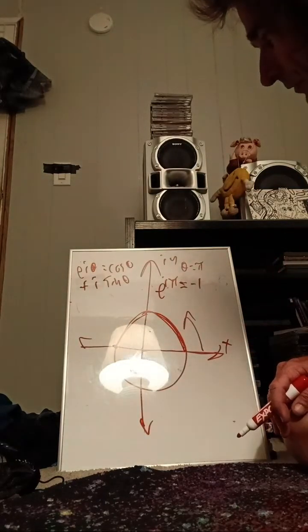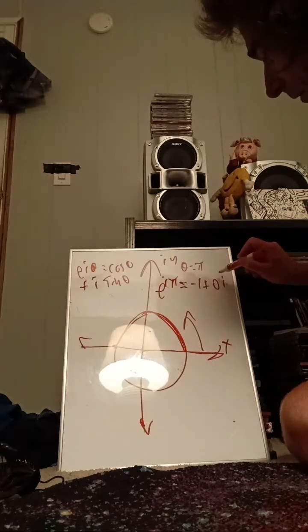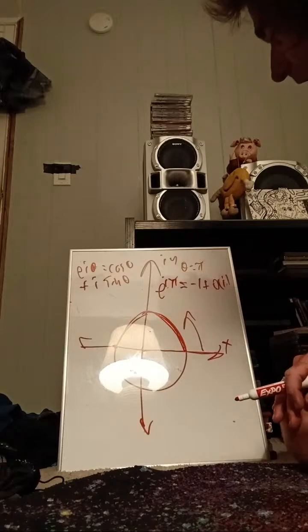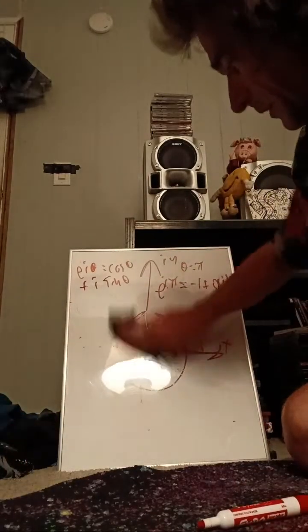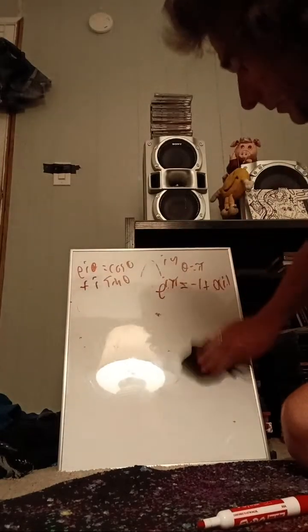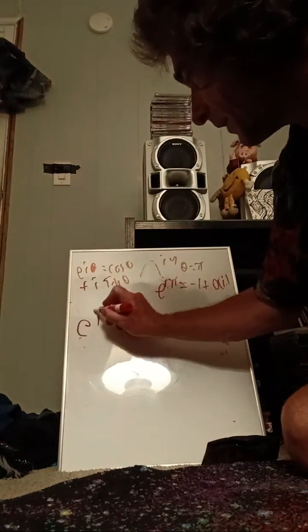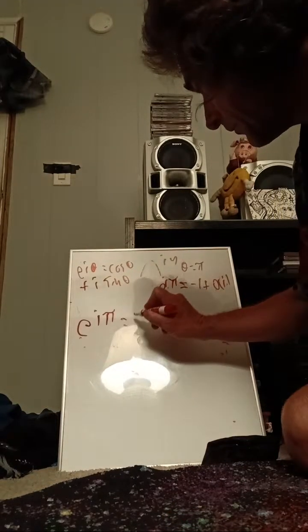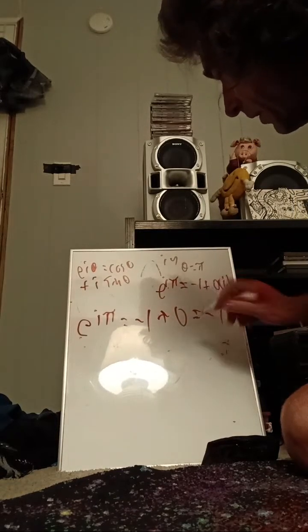So you have plus 0i, but 0i is just 0. So what do I have now? Let's erase the diagram so I can continue writing the algebra here. So I have e to the i pi equals -1 plus 0 equals -1.